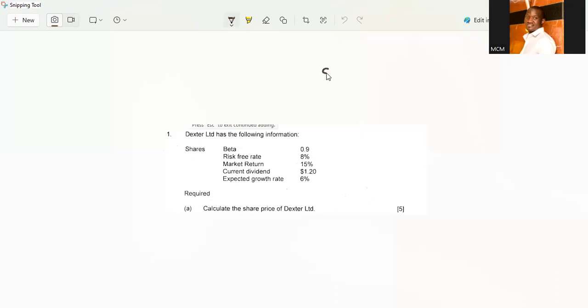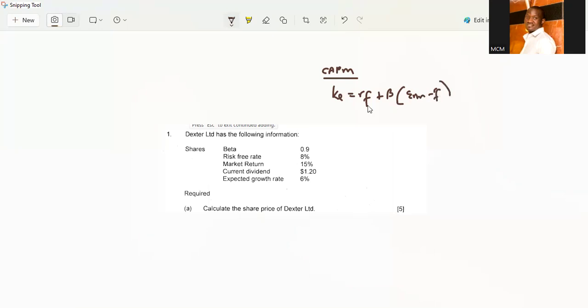So the CAPM model is given by, what's the form of the CAPM model? Cost of equity is equal to risk-free rate plus what? Plus beta times expected market return minus risk-free rate.